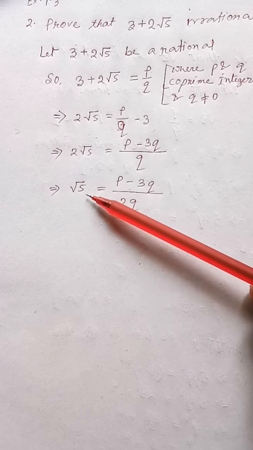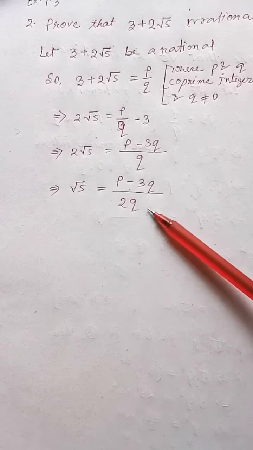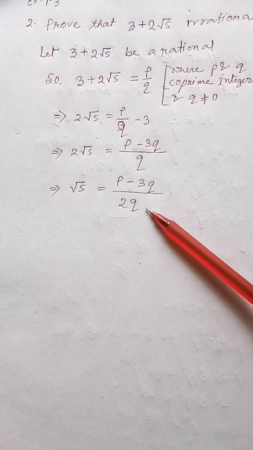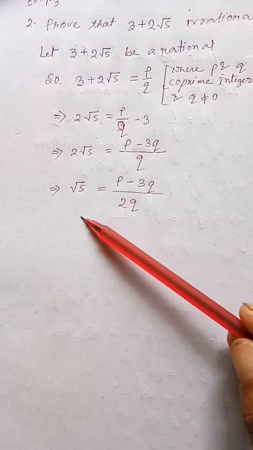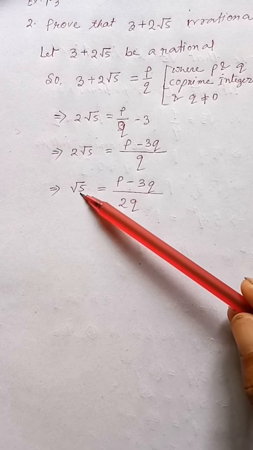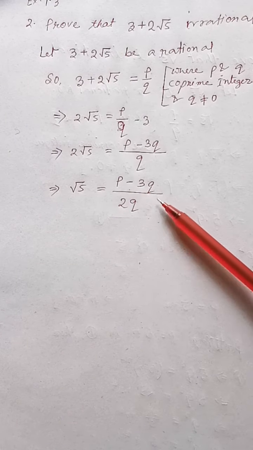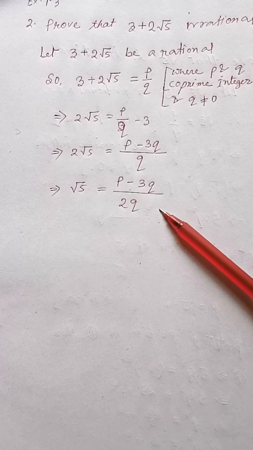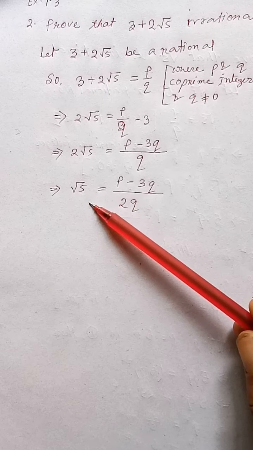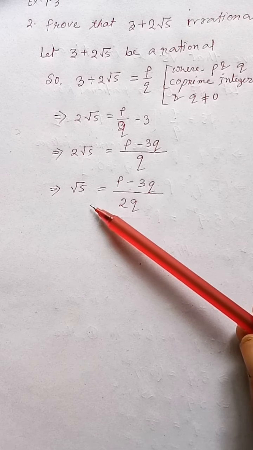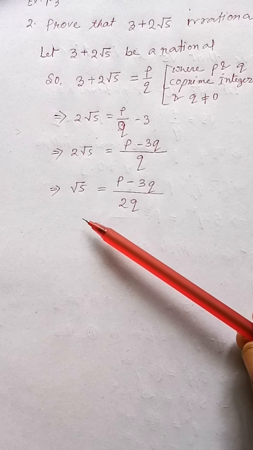We know root 5 is irrational, but it is made false here. It contradicts here. From here, what we got, root 5 is getting a rational value. It means it is not agreeing that root 5 is irrational. That's why I said it is a contradiction.